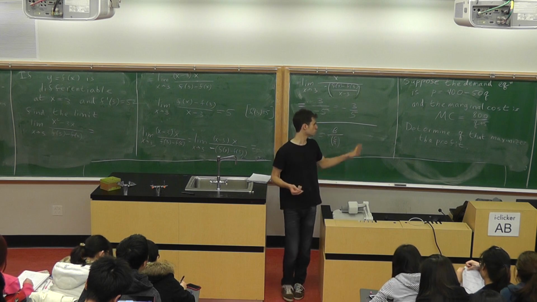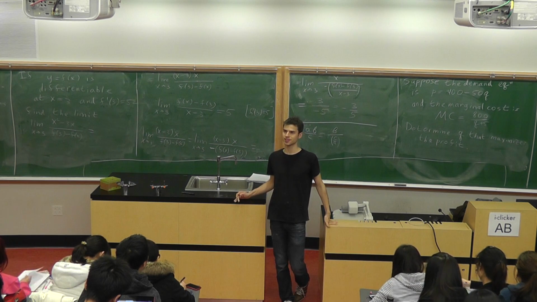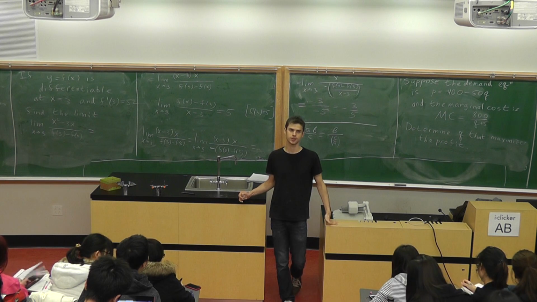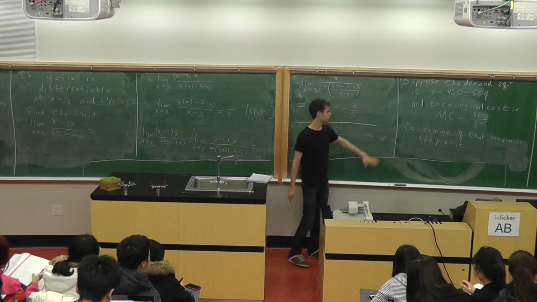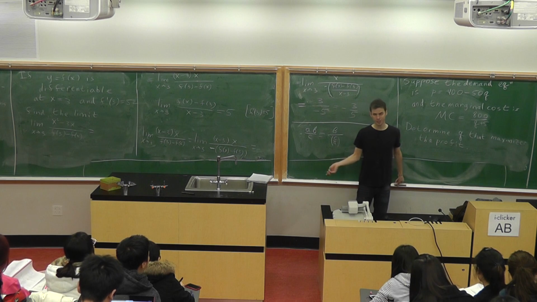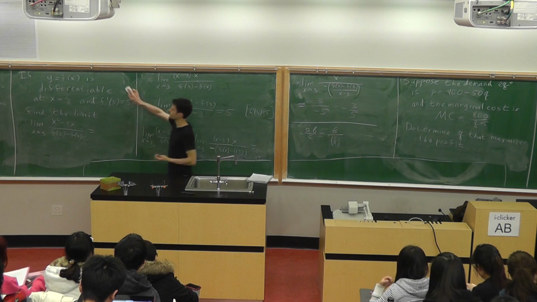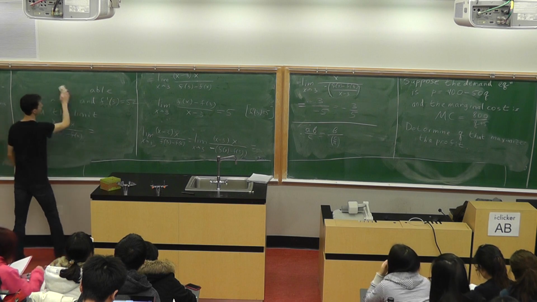And what's a little bit unusual about this problem is, well, you are not given the actual cost, only the marginal cost. Typically in such a problem you would be given cost, p and q, but here only marginal cost is given.